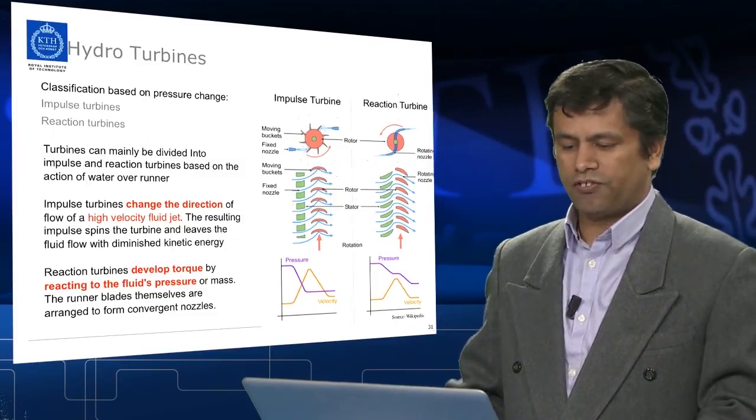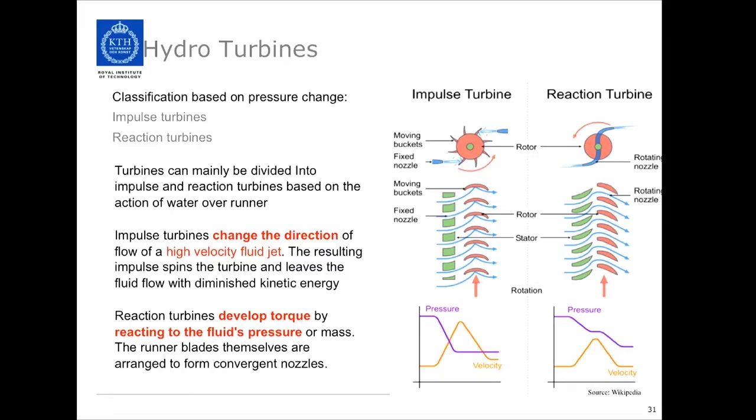Turbines can also be classified based on the pressure change. They can be classified as impulse turbines and reaction turbines. Impulse turbines change the direction of flow of a high velocity fluid. The resulting impulse spins the turbine and converts it into mechanical energy, and after the change in the direction of the flow, the fluid will drop back with diminished kinetic energy.